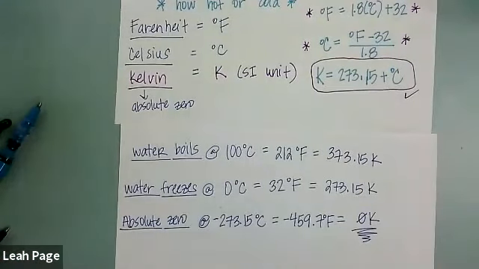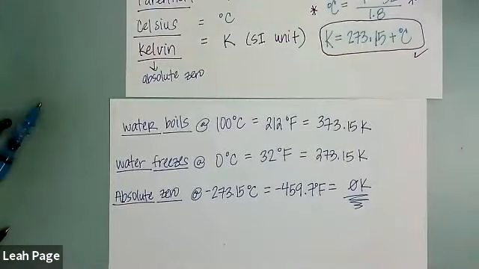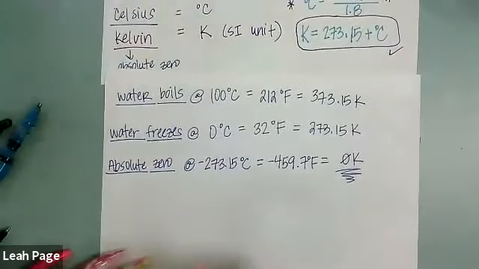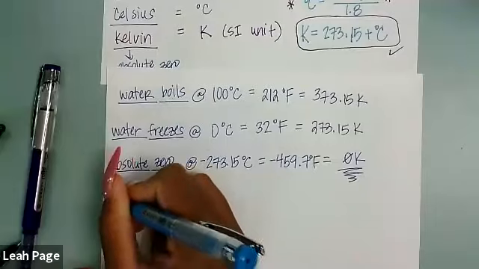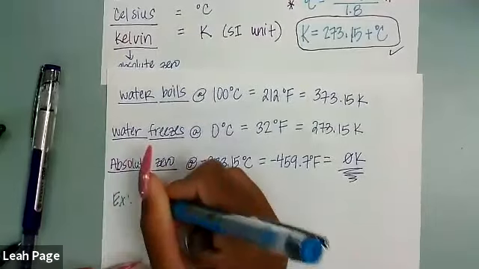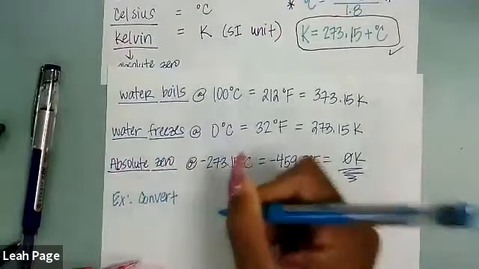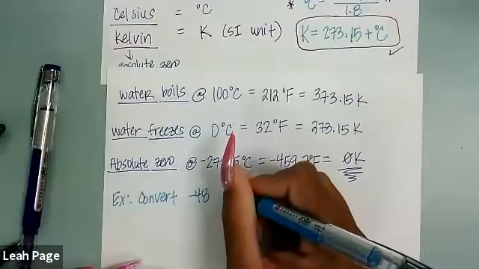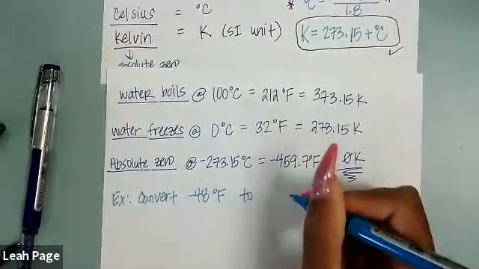All right, so let's do an example problem. It's going to come up on the quiz and the homework, doing our temperature conversions using these equations. My example says, let's convert negative 48 degrees Fahrenheit to Kelvin.